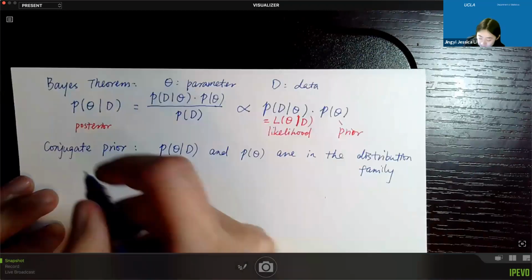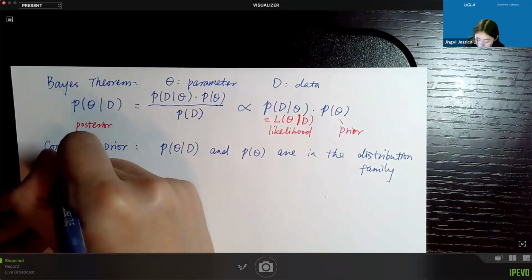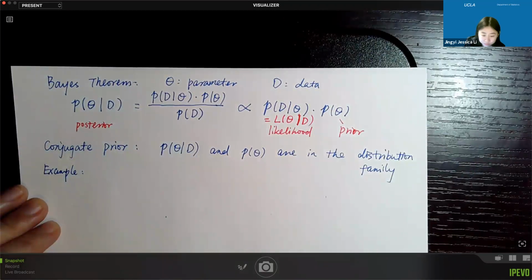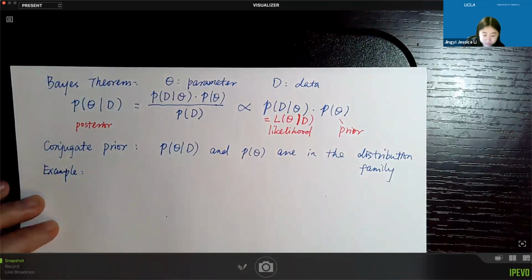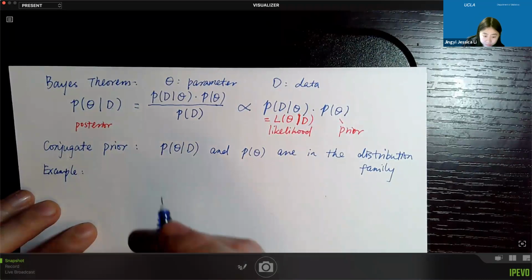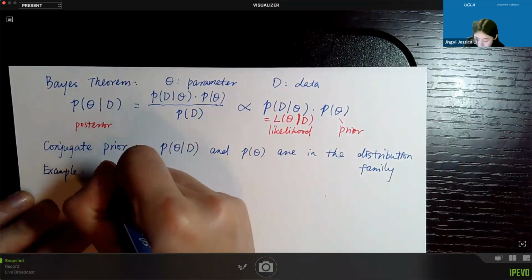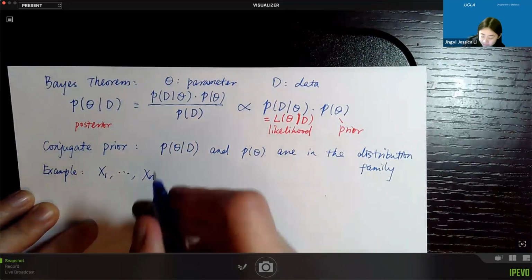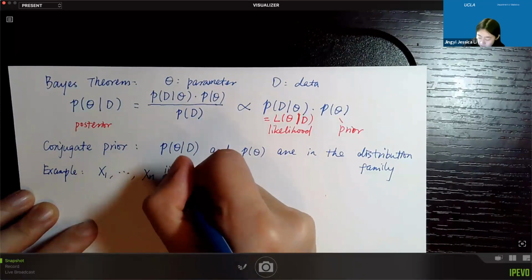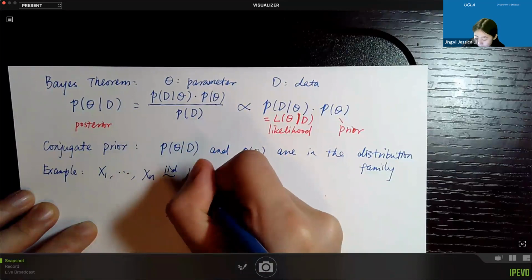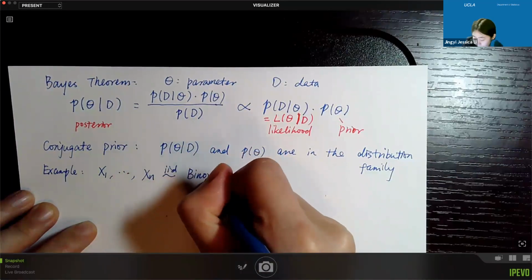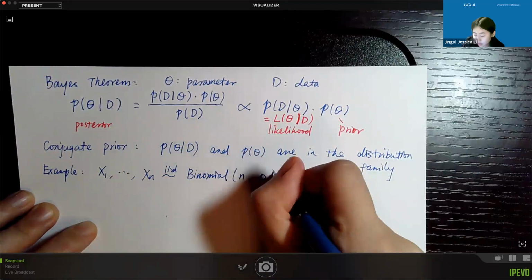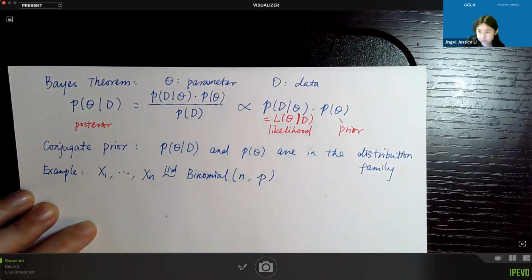So let's look at that example to help you understand it better. Let's say that we assume our data points x1 to xn are IID from a binomial distribution with total n and success probability p.